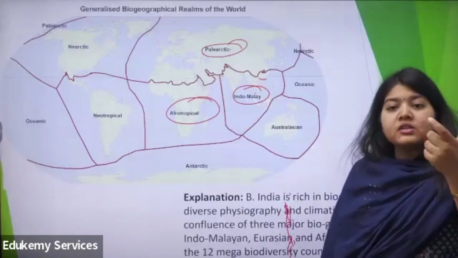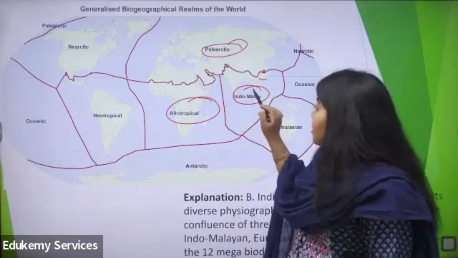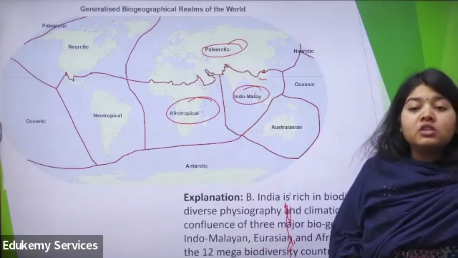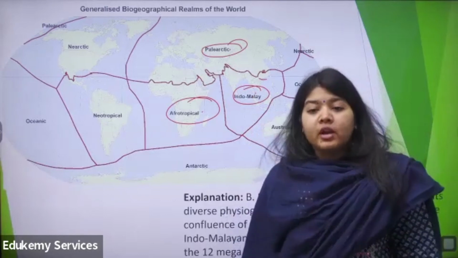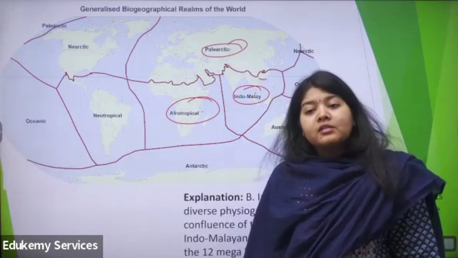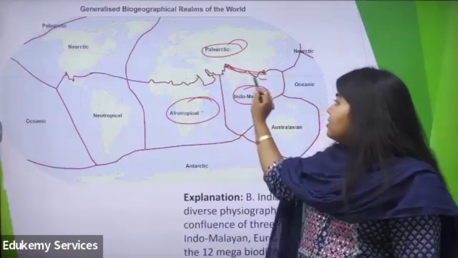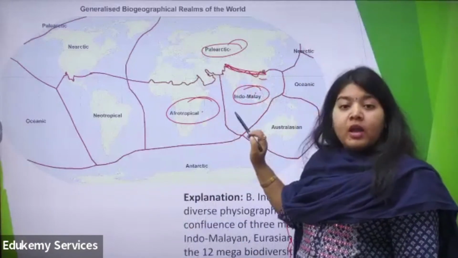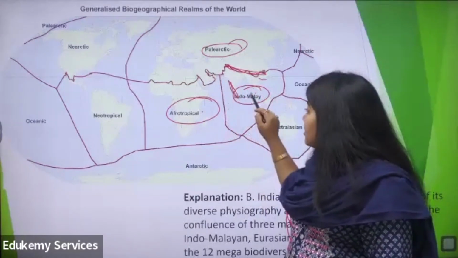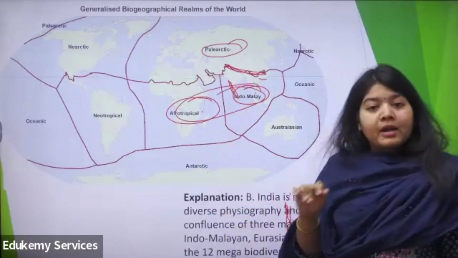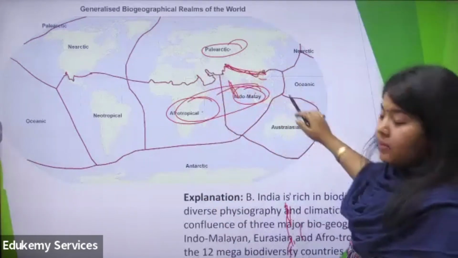So if the question is asked in a twisted way, it is actually three biogeographical zones which affect the overall biodiversity of India. Does it make sense to you or not? If we are only talking about Himalayas, then two. If we are only talking about Western Ghats, then these two. But for the entire biodiversity of India, it is these three.